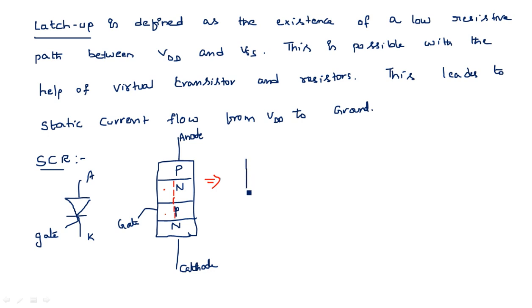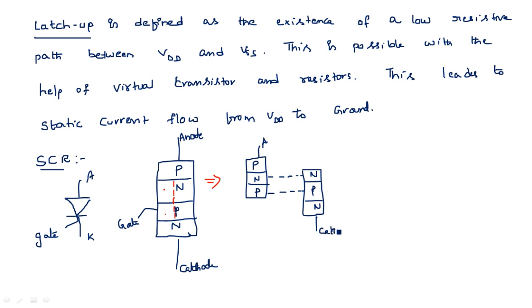So you can redraw it as P, N, P and one more, N, P, N. This N and this N are interconnected, and this P and this P are interconnected, whereas this is the anode terminal and this is the cathode terminal.